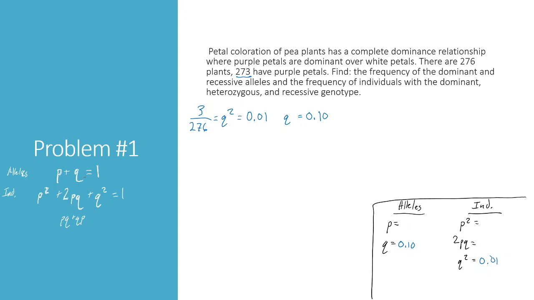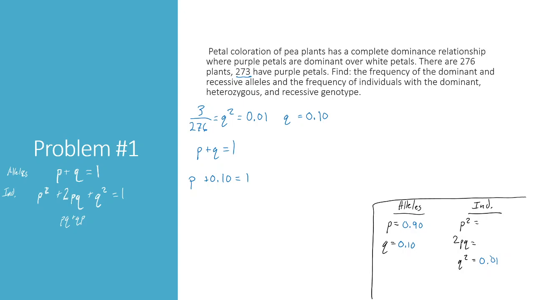And we can look at our equation for alleles just to draw that out for us. We have figured out that q is 0.1. And so 1 minus 0.1 gives us that the frequency of the dominant allele is going to be 0.9, or about 90%.